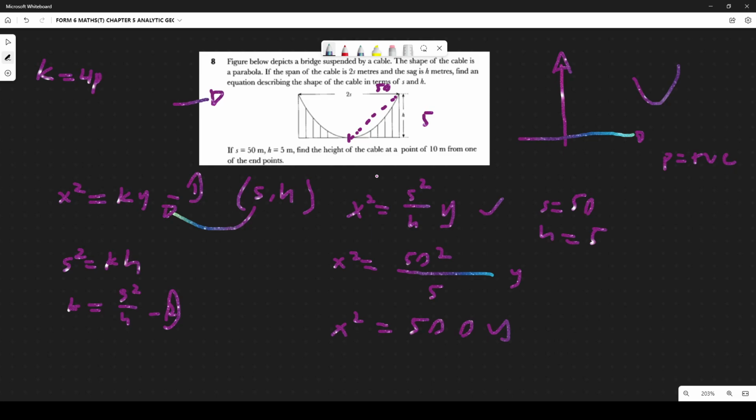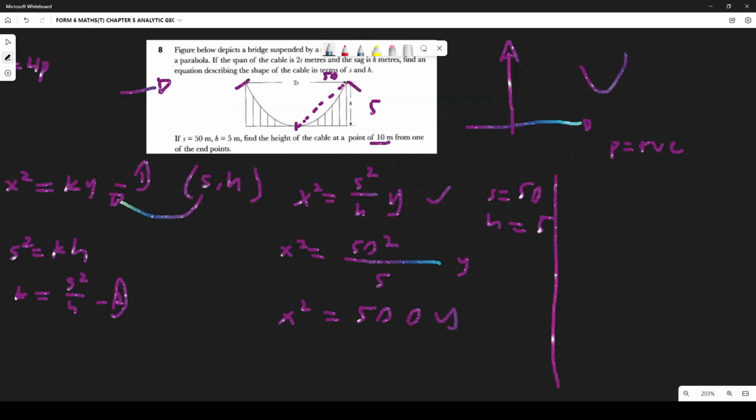Let's think about this once. They want to find the height of the cable at a point 10 meters from one of the endpoints. So 10 meters from here. Yeah, they want us to find this.